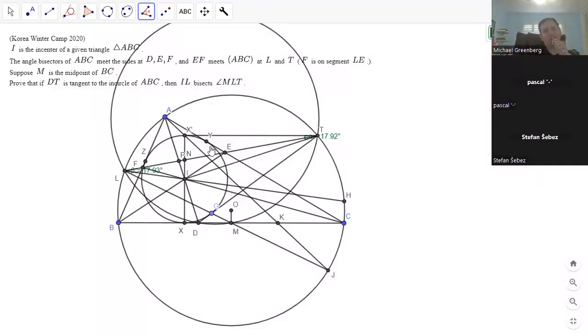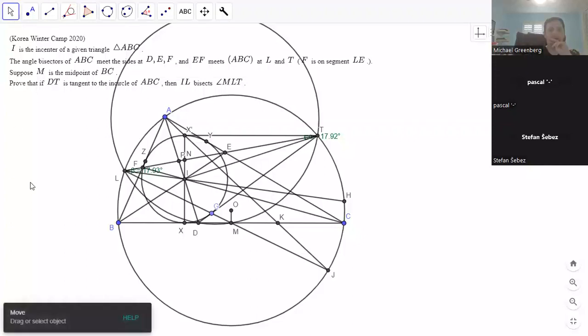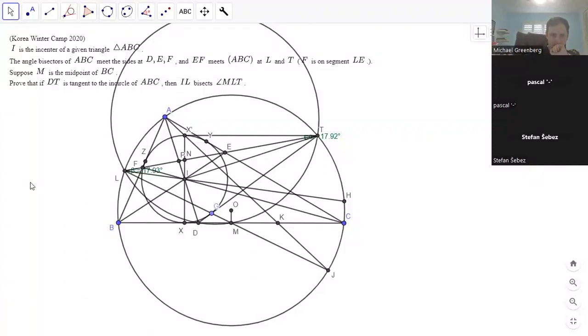Well, I guess that's used in proving MDLT is cyclic, right? Yeah, actually, yes. But only in that part. So basically, I wonder if maybe that is enough just to use it that way, but I don't know.